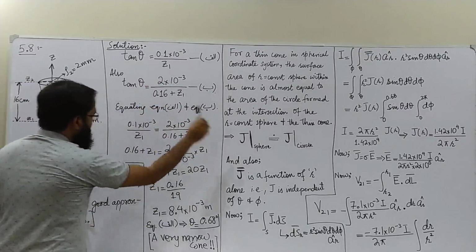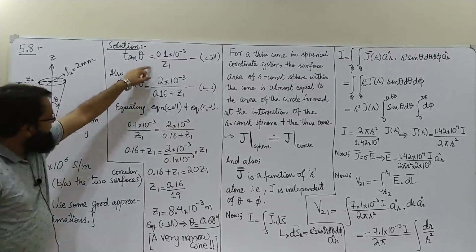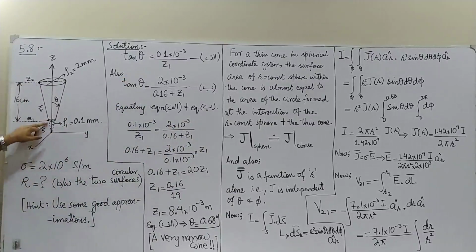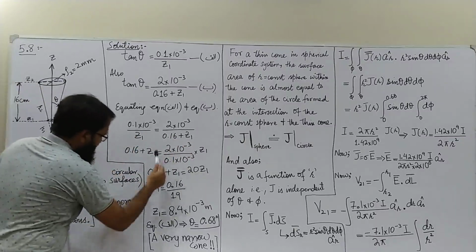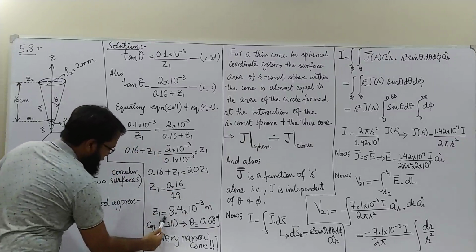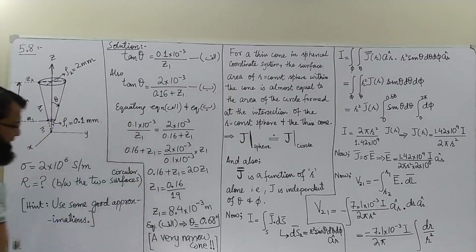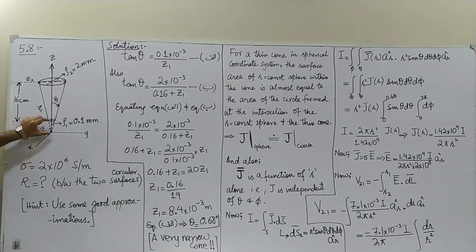Equating equations Aleph and B gives us z1, the location at which the smaller side of the cone is present. So doing some maths, we get z1 to be 8.4 millimeters.